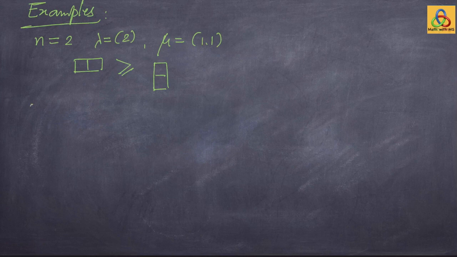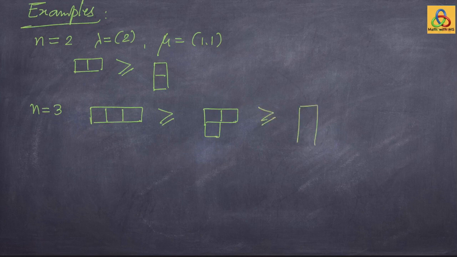Let us take n equals 3. Now I am not going to write the partitions, I will simply write the corresponding Young diagrams. Look at this partition of 3, then we know that this partition of 3 is bigger than or equal to the second partition of 3, which is certainly bigger than or equal to the last partition, the vertical partition, which is actually the conjugate of the first one.